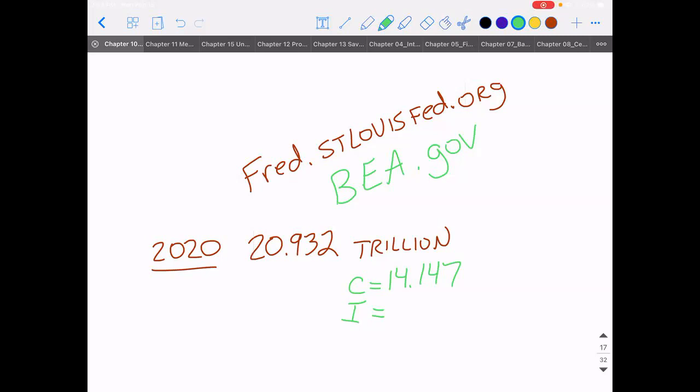For investment, 3.6. For government spending on all of its various levels, 3.830. And for net exports, negative 0.645. If it's negative, that means we're importing more than we're exporting. It shouldn't be too unusual.